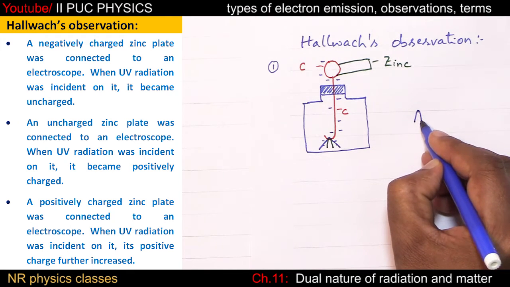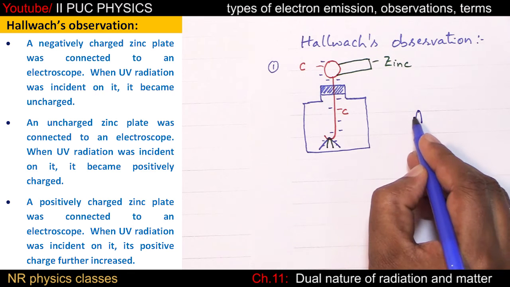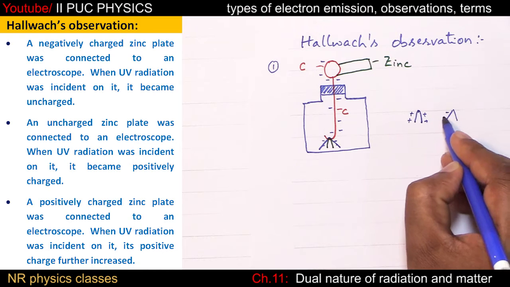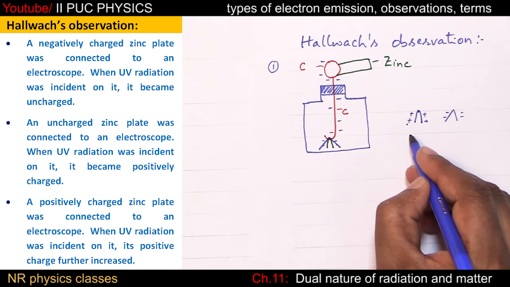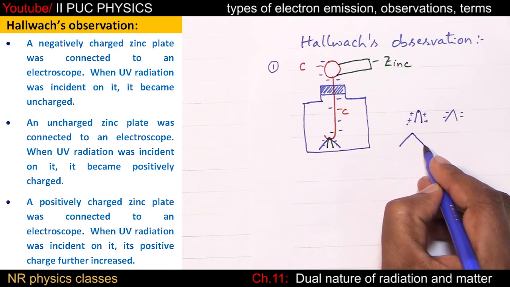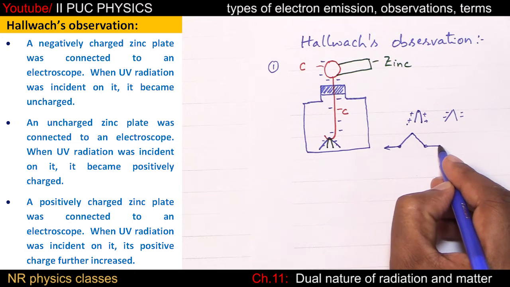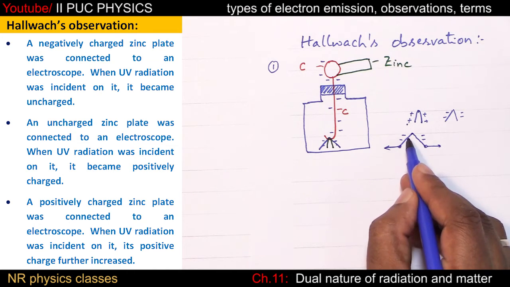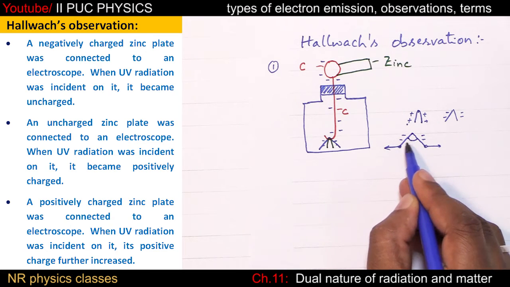This is the leaf, neutral. If this leaf is charged negatively or positively, then because of positive repulsion or negative repulsion, the leaf will spread out, because this part experiences force, this part also experiences force due to either negative or positive charge. The angle between the ends increases means it's due to repulsion.